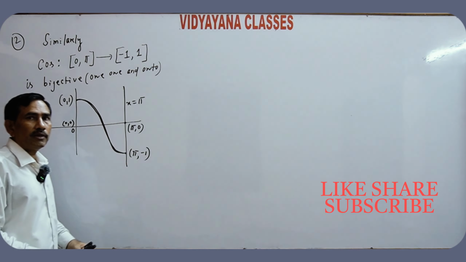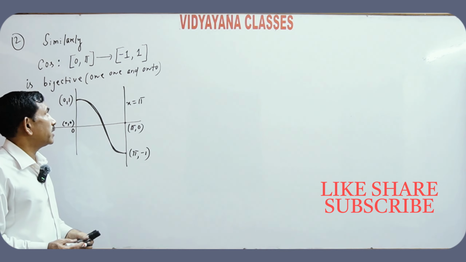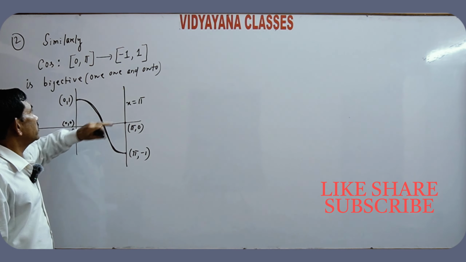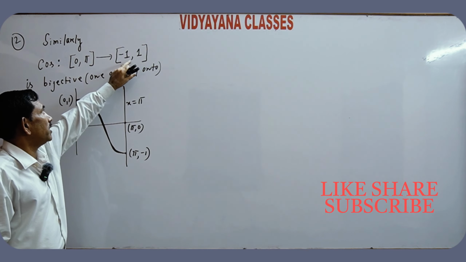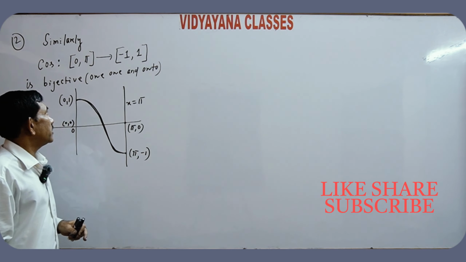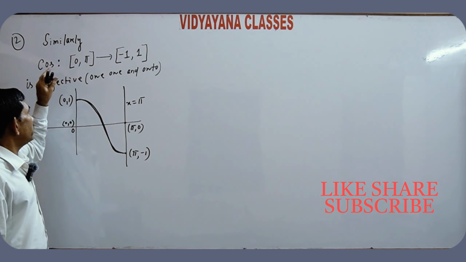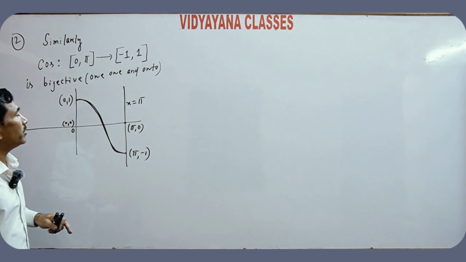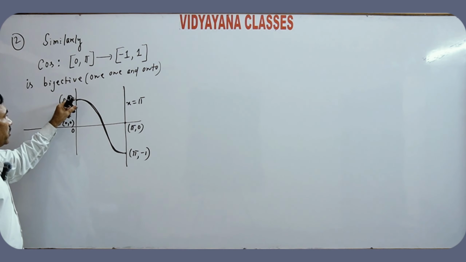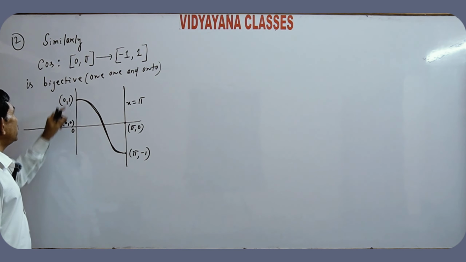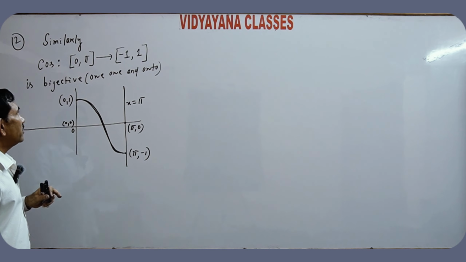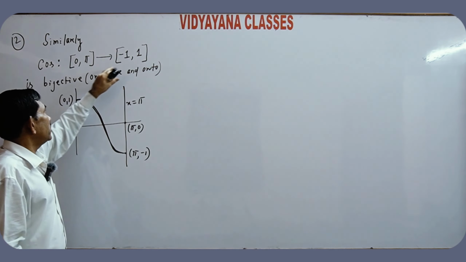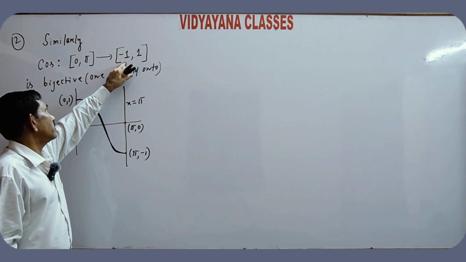In this interval, the function is decreasing. Every decreasing function is 1-1. And the range of cos x is [-1, 1]. That means the range of the function is equal to the codomain set.